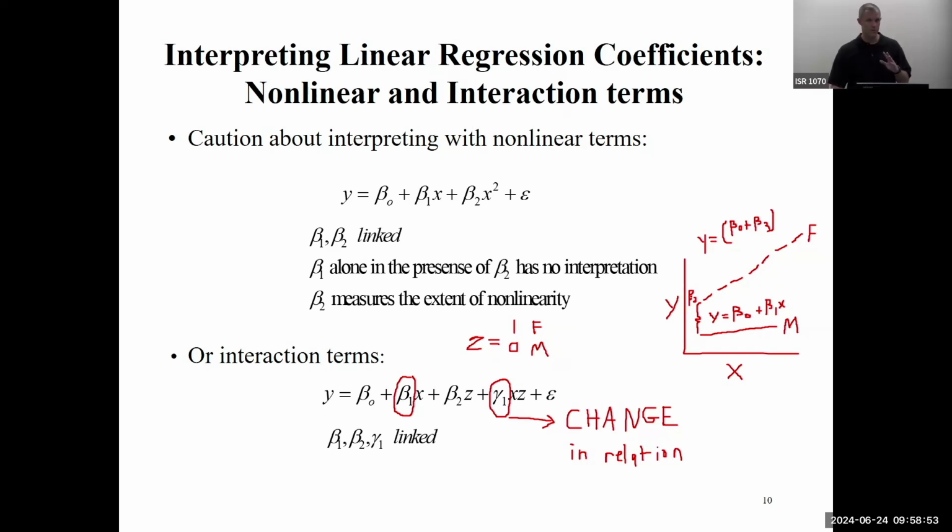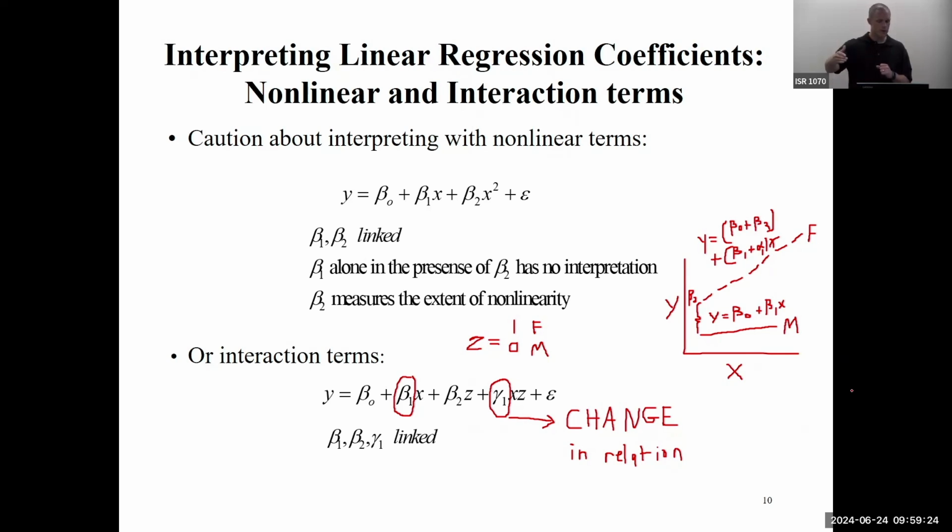Everybody with me so far? Okay. Plus, now the new slope for females is beta 1, which was the slope for males, plus gamma 1. It's a bad gamma, sorry, it looks more like an alpha. So I'm just making the point. Times X. Okay? So there are two change parameters here.